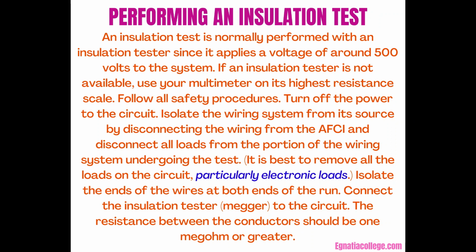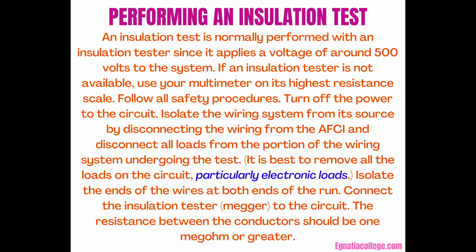An insulation test is normally performed with an insulation tester since it applies a voltage of around 500 volts to the system. If an insulation tester is not available, use your multimeter on its highest resistance scale. Follow all safety procedures. Turn off the power to the circuit.